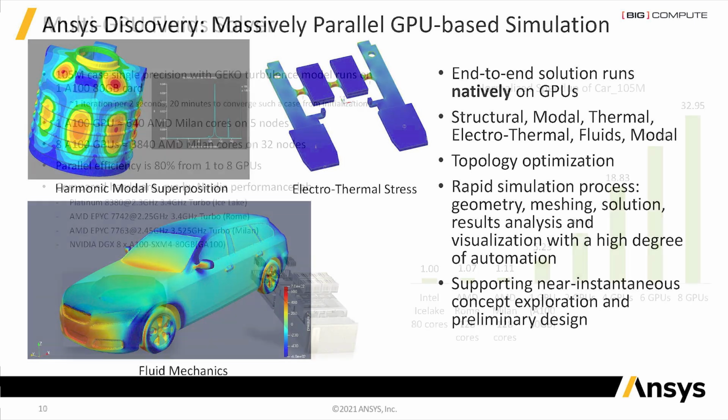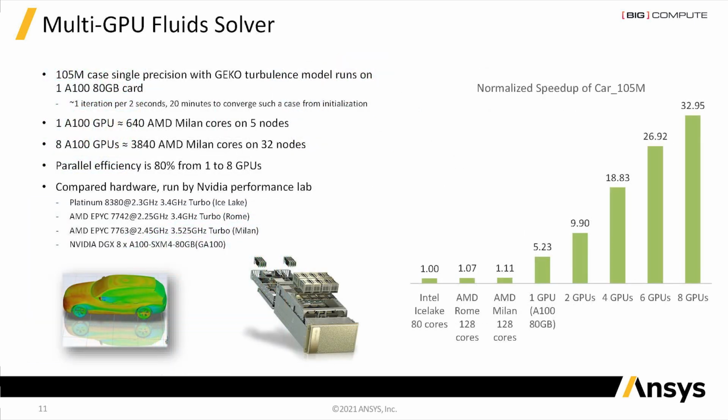Now we took the core fluid solver from Discovery, and we have recently this year integrated that into our multi-physics fluid solver, which is Fluent. In the Fluent example, I showed you how we are using domain decomposition to take a problem and break it into different partitions, with each partition going into a processor.